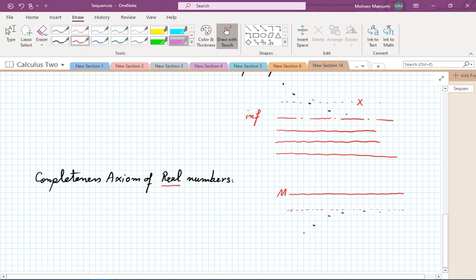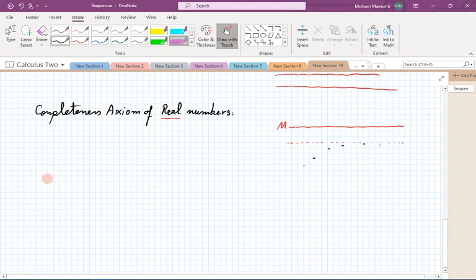Okay, next we have a major theorem in this section that's called the Bounded Monotonic Sequence Theorem. So let me write it. So we have the bounded monotonic sequence theorem.